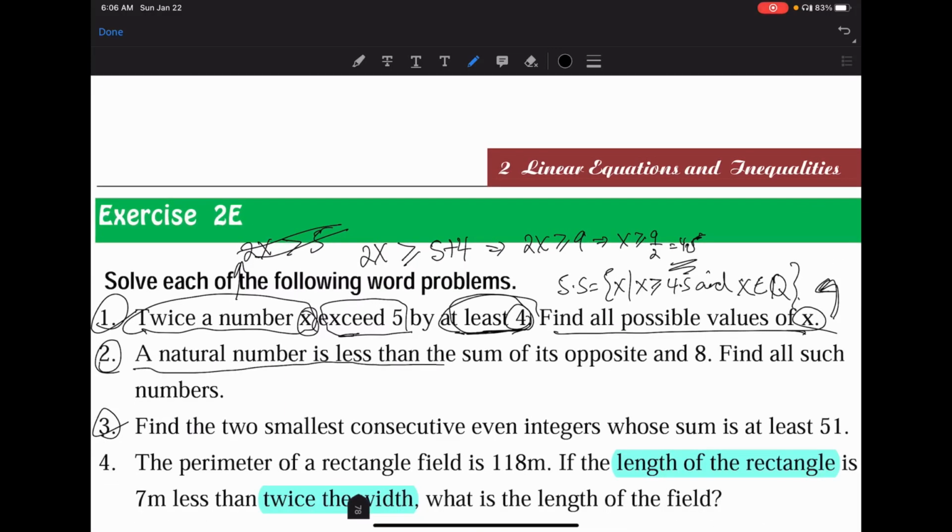A natural number is less than the sum of its opposite and 8. Find all such numbers. Let the natural number be n. It is less than the sum of its opposite, and the opposite of a natural number n is negative n, and 8.